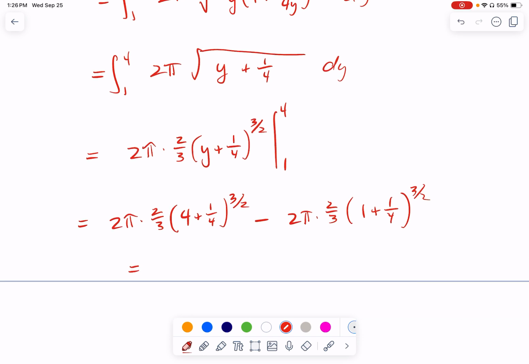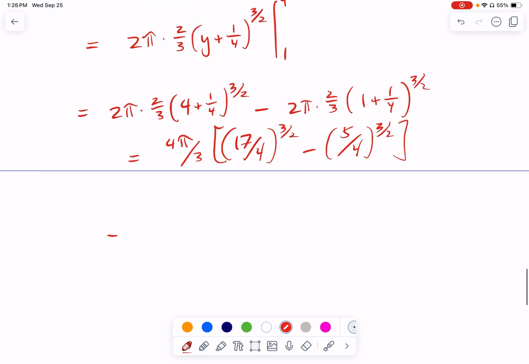This is not going to be a pretty number, but it is one we can get without a calculator. 2 pi times 2/3 is 4 pi over 3. I'll factor that out of everything. And then this is 17/4 to the 3/2 power minus, this is 5/4 to the 3/2 power.